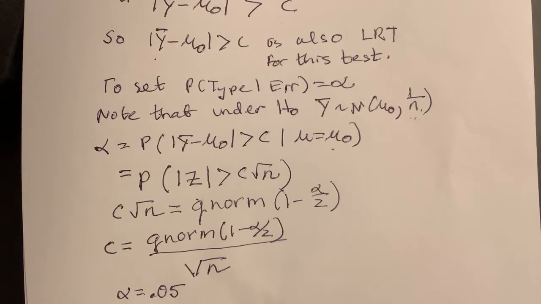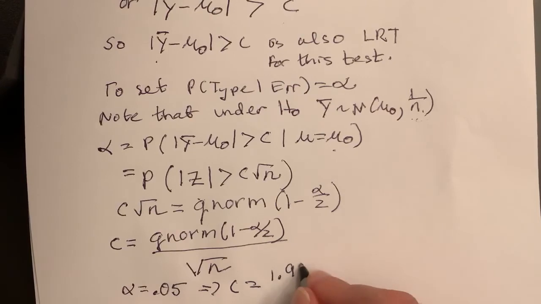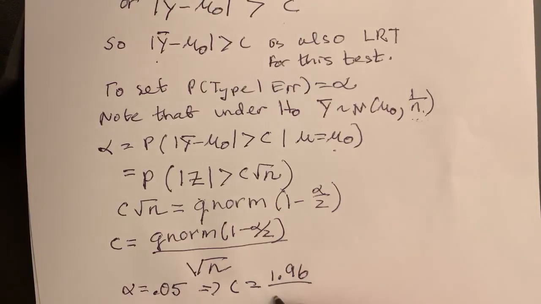I'm doing it right now. qnorm of 0.975 is 1.96. So it's 1.96 divided by the square root of n, which implies c equals 1.96 divided by the square root of n.